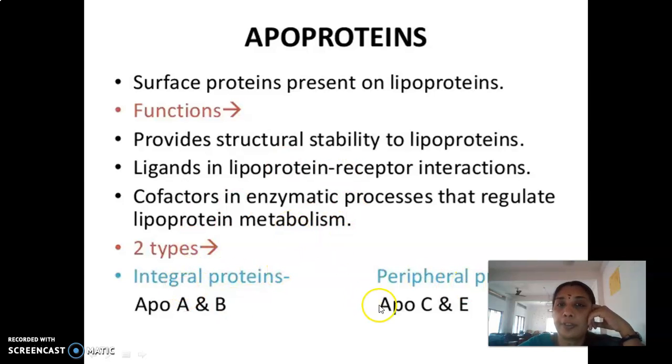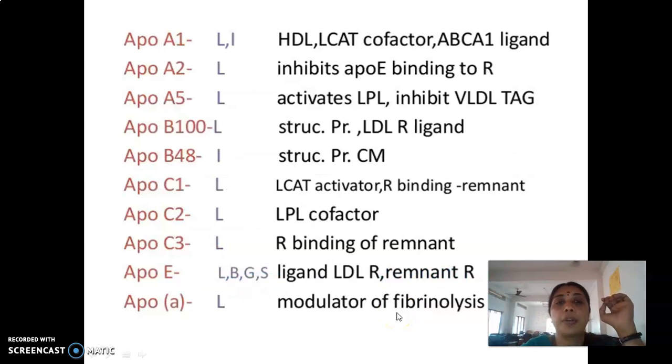Then there are two types of apoproteins: integral proteins, ApoA and B, and peripheral proteins, ApoC and E. A to a certain extent can also act as a peripheral protein, but mainly the integral proteins are A and B, and C and E are peripheral proteins. Now the site of synthesis.